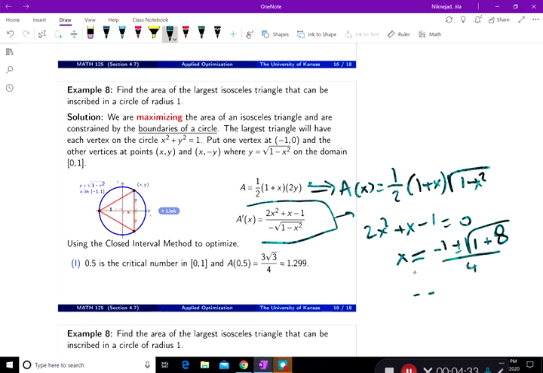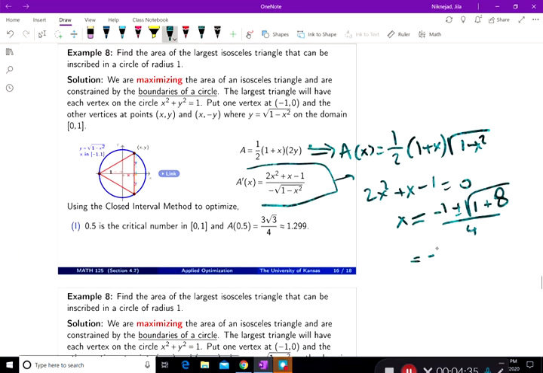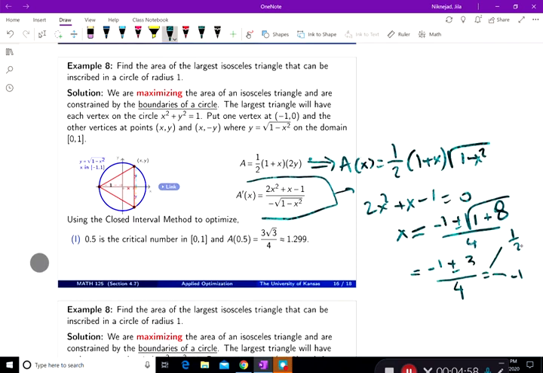That is negative 1 plus or minus 3, divided by 4, which gives me 1/2 and negative 1. Negative 1 is going to give me area 0, so let's go with 1/2.